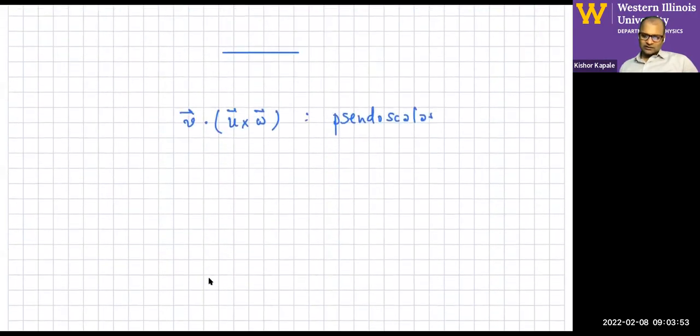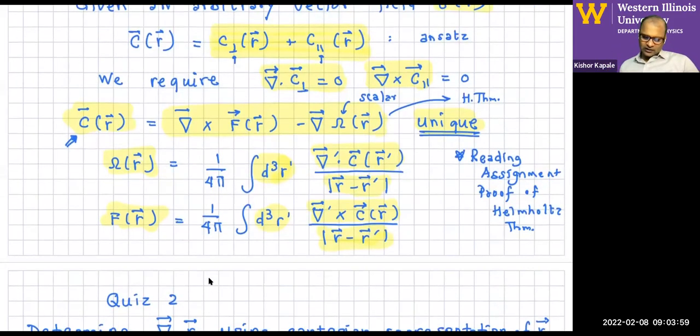Make sense? Okay, so the idea is that the solution is unique, right? That's the crucial part. The solution is unique. That means if you found it by some hook or crook, and there are quite clever tricks that exist in determining electric and magnetic fields, which we will take a look at one of them.